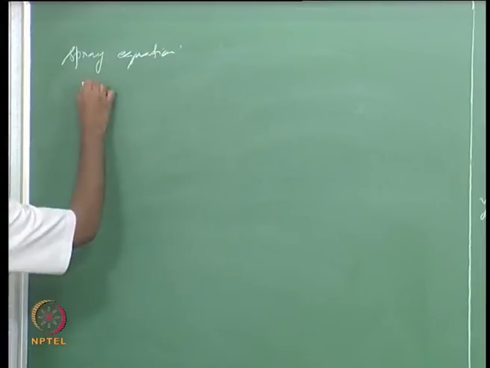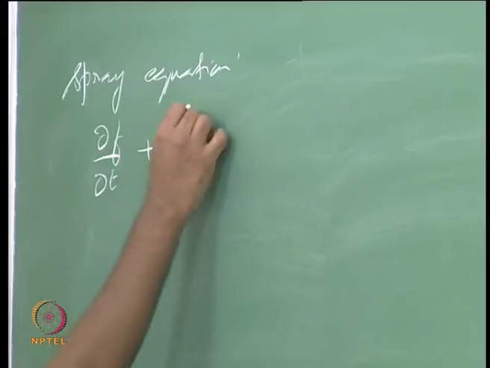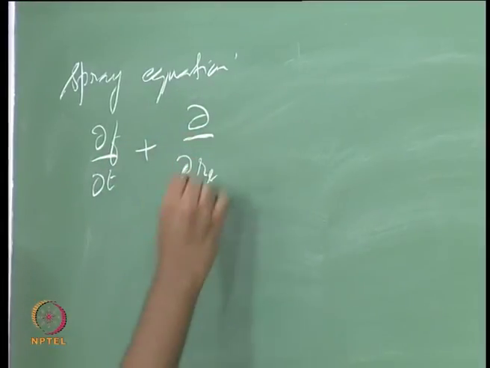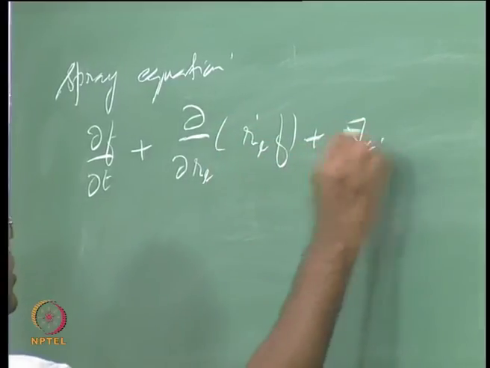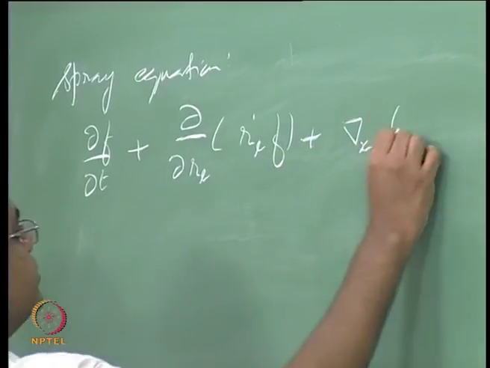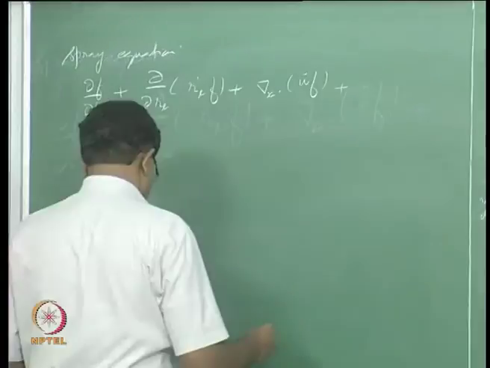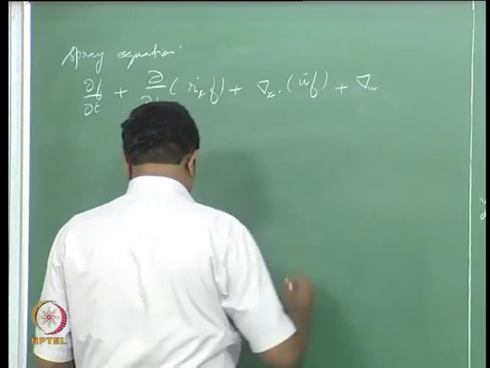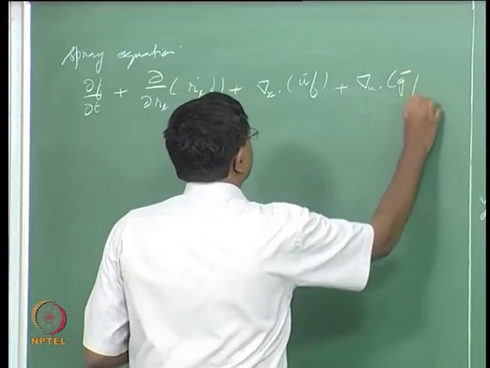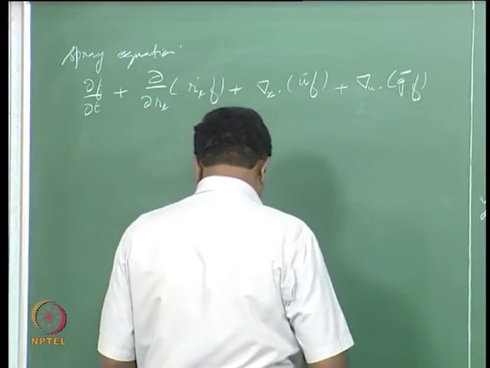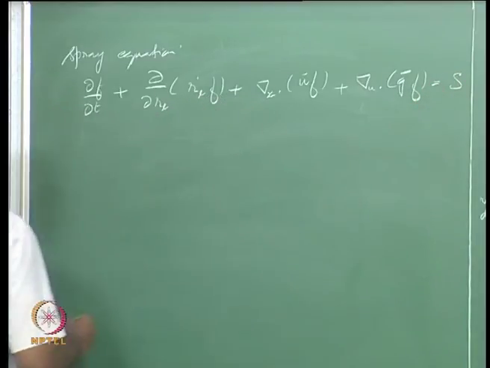The spray equation is a dynamic equation for f: the derivative with respect to r_L of r_L dot f, plus a divergence with respect to x of the droplet velocity carrying the f, plus a divergence with respect to u of the body force times f, all equal to S, where we will now explain these terms.